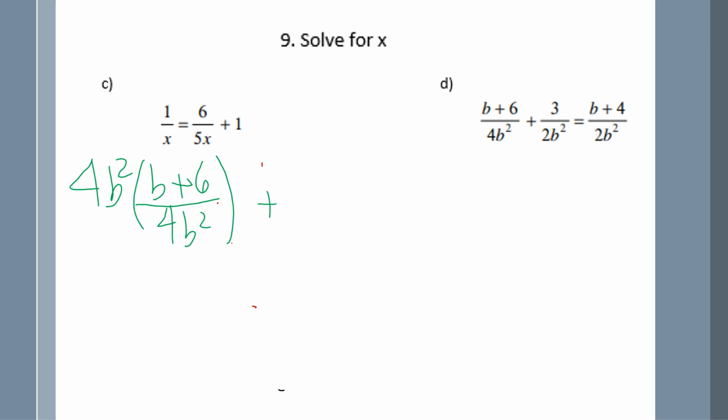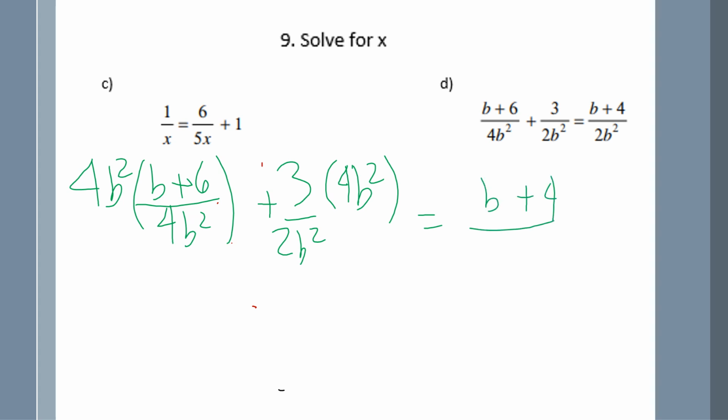Plus 3 times 2b squared times 4b squared, right, equals b plus 4 over 2b squared times 4b squared.